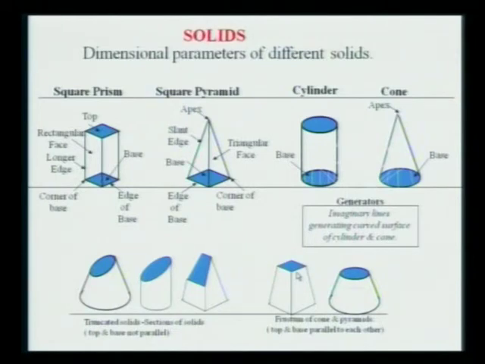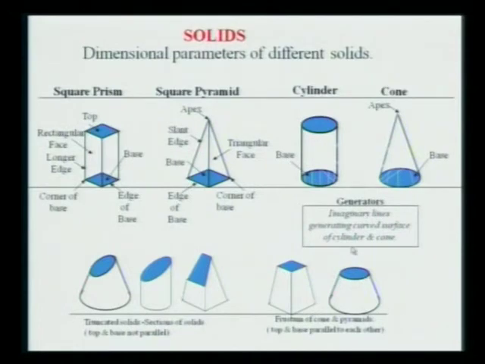Means in a problem, if a frustum of a cone is given, a frustum means such a solid. A frustum of a pyramid means such a solid. Means a cone is cut at the center, suppose, or at any point parallel to horizontal, and the above portion is removed. Then it is a frustum. And if it is an inclined cut, then it is a truncated solid.